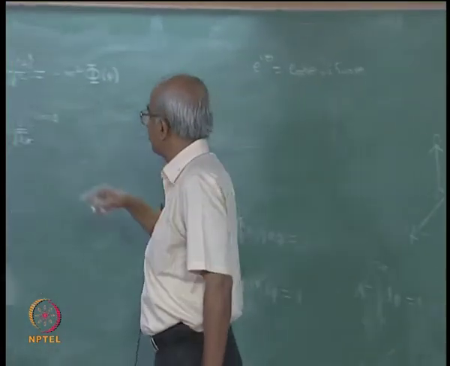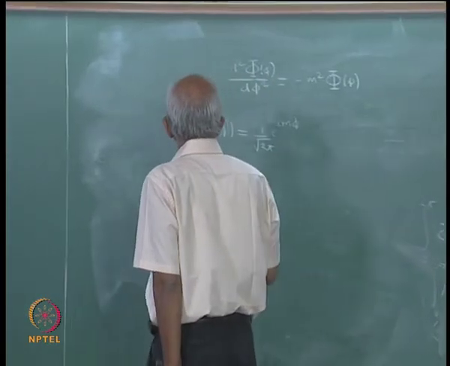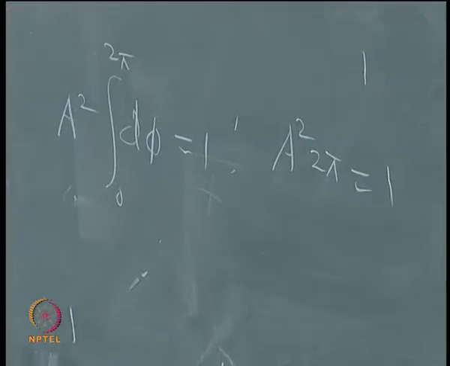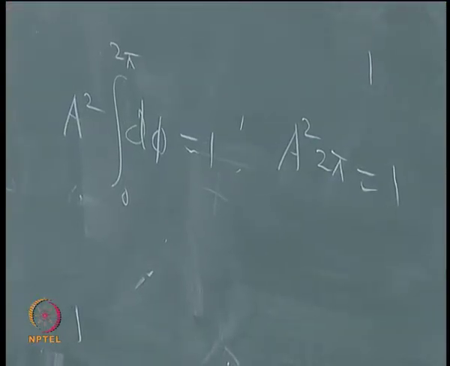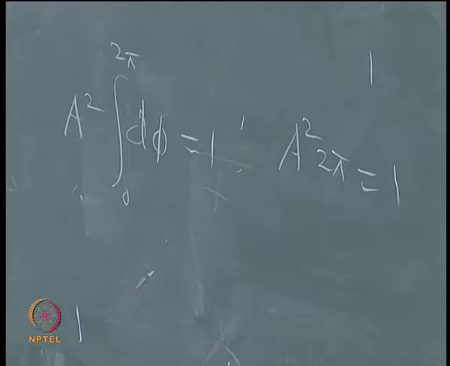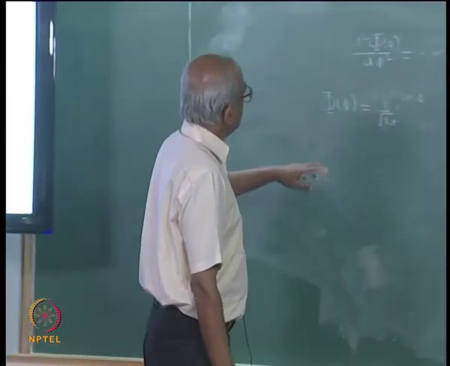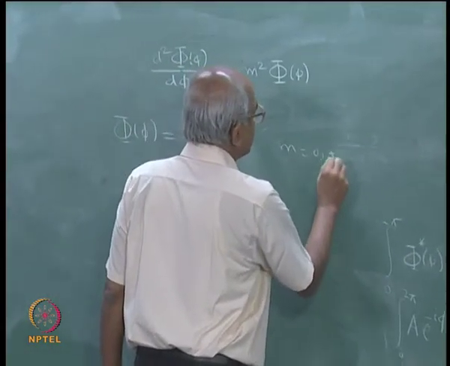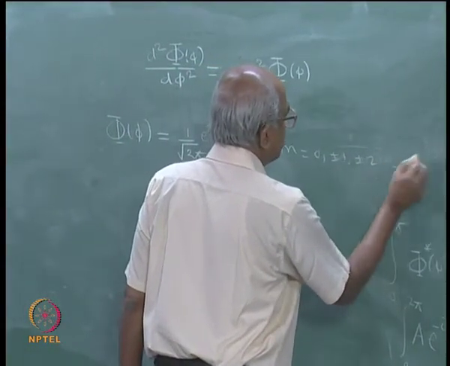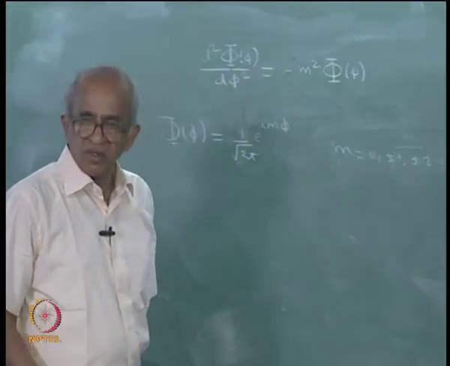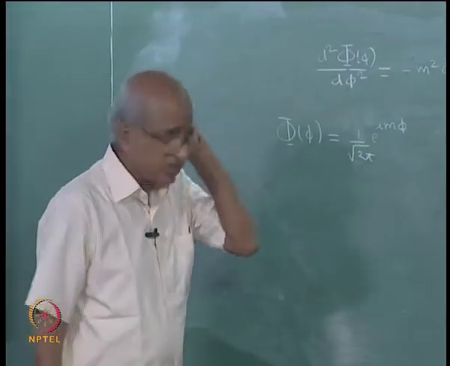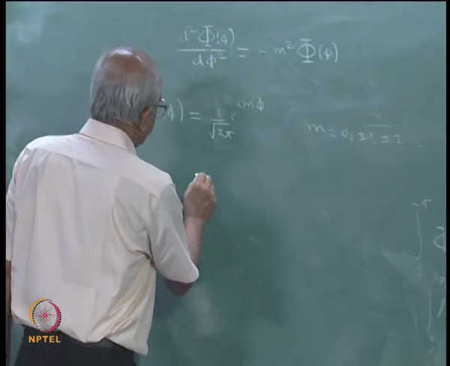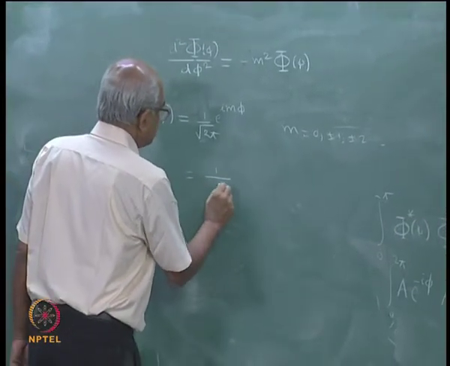So 1 by square root of 2 pi into e to the power of I m phi is the solution. Now this m can have the values 0, plus or minus 1, plus or minus 2, etc. Specifically, if you put m equal to 0, what is the answer that you get? You get just a constant.